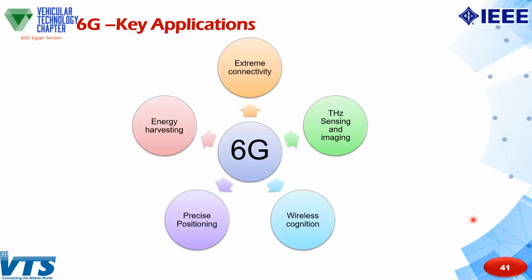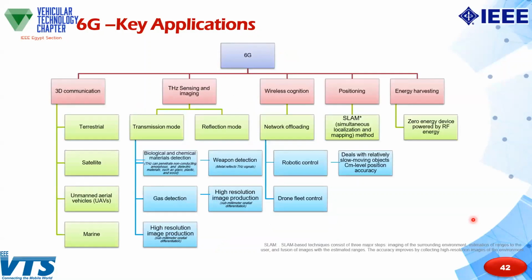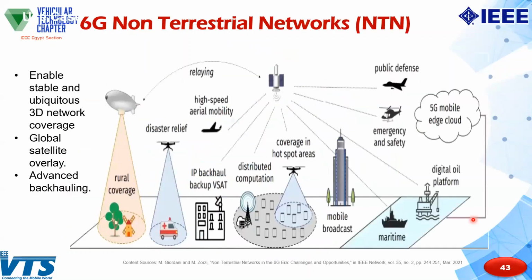Finally, the 6G key applications. As you see in this figure: wireless congestion, precise positioning by means of accuracy, energy harvesting, extreme connectivity, and terahertz. You can get this taxonomy for the different key applications when we send you the presentation.